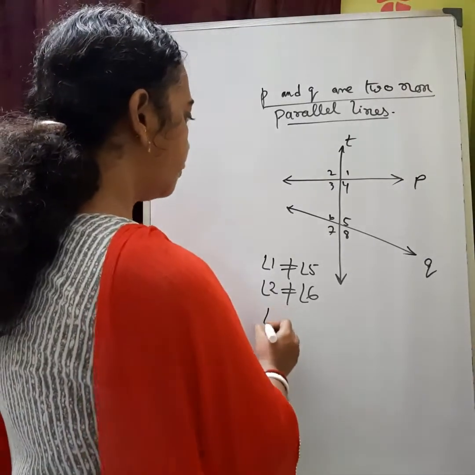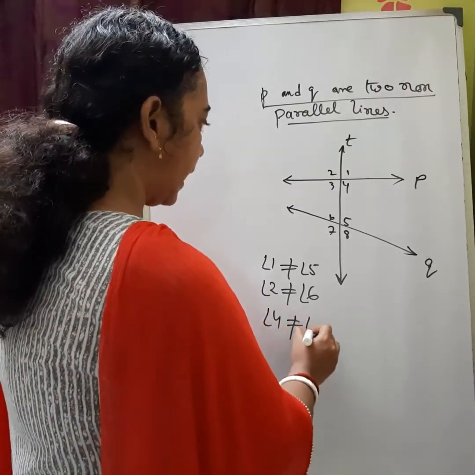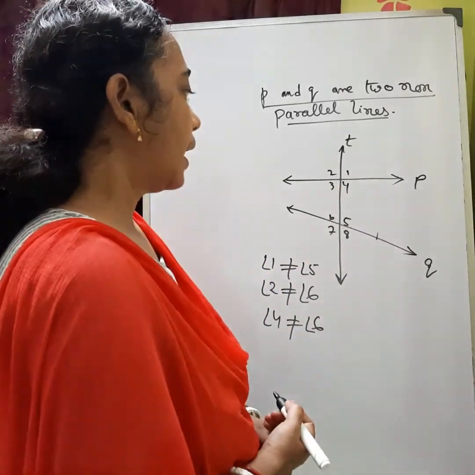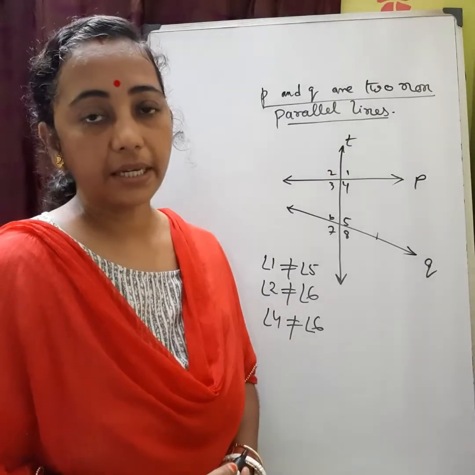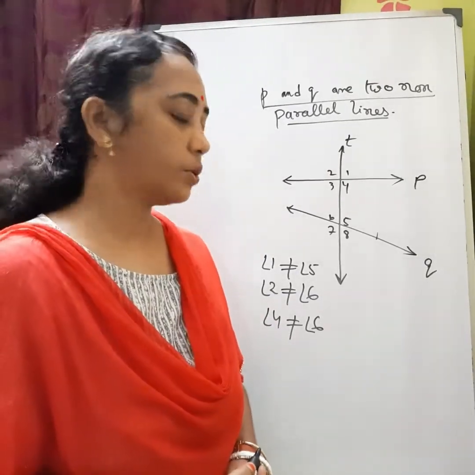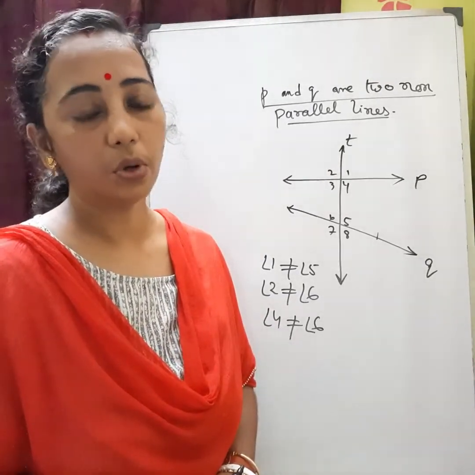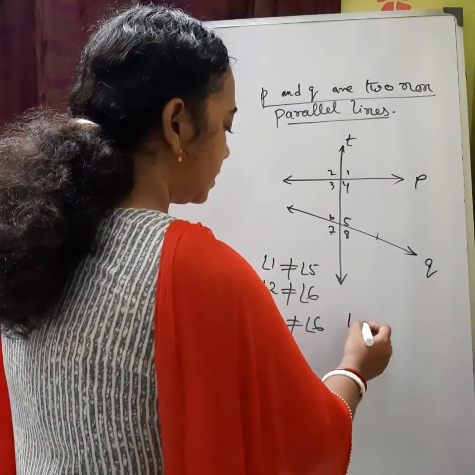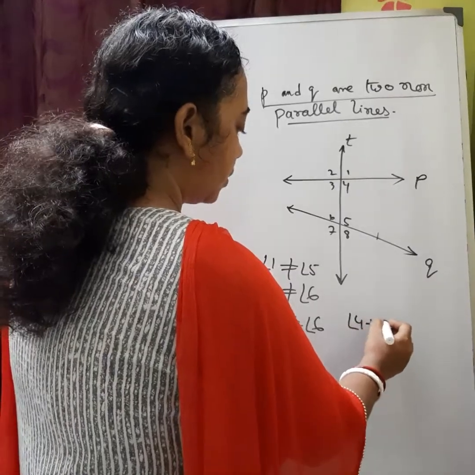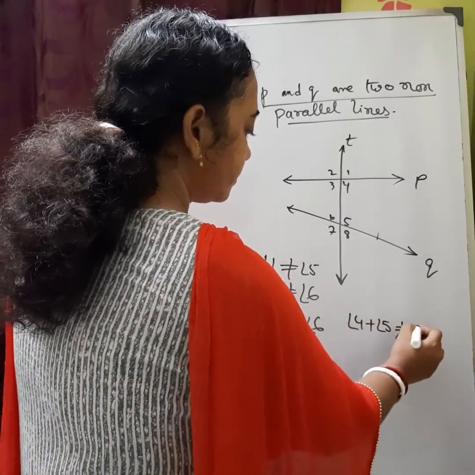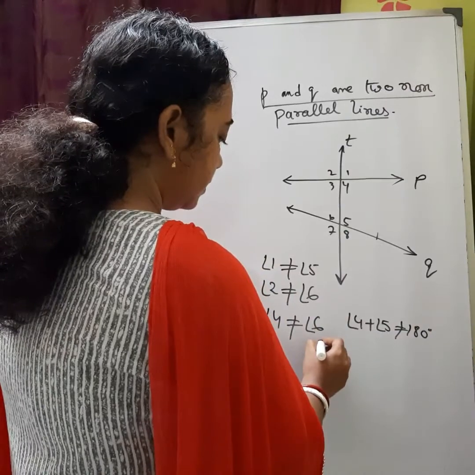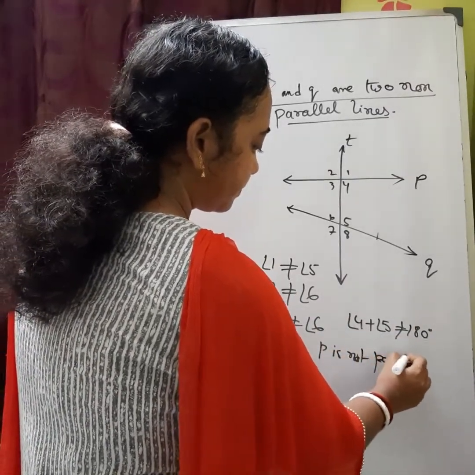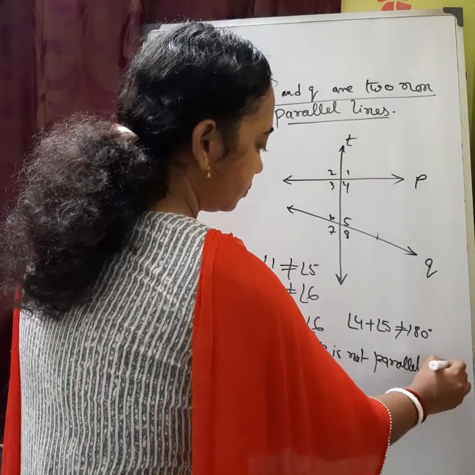That means angle 4 is not equal to angle 6 if these two lines are not parallel. And the sum of the interior or exterior angles on the same side of the transversal is not equal to 180 degrees. So these conditions will not be satisfied when P and Q are not parallel. So in this case, P is not parallel to Q.